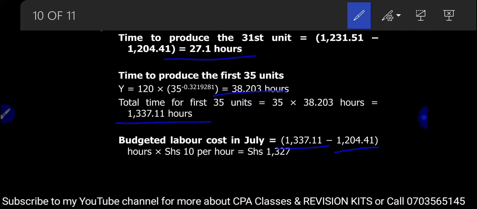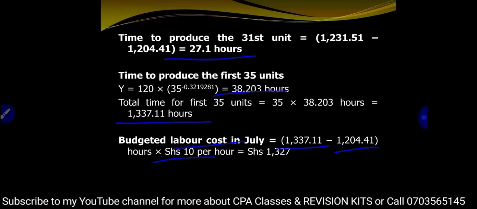The difference is the number of hours taken to produce the 5 units in July. But we are interested in a cost. Our cost per hour is shillings 10 according to the question. So that difference times 10 gives shillings 1,327. So the labor cost in July, incurred to produce the extra 5 units of ABC, is shillings 1,327.